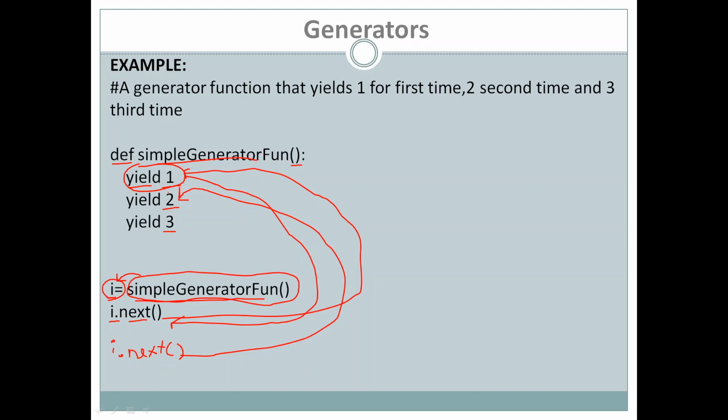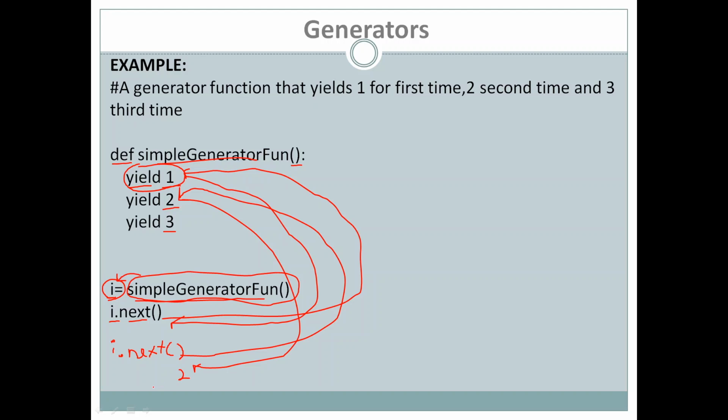The first statement is already executed, the yield 1 is executed, so it will go to the next, that is yield 2. So whenever I call i.next the second time, it will execute the second yield and it will return the value, that is 2.